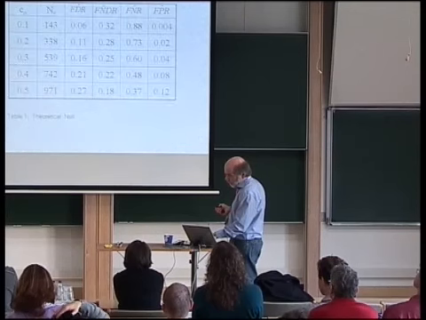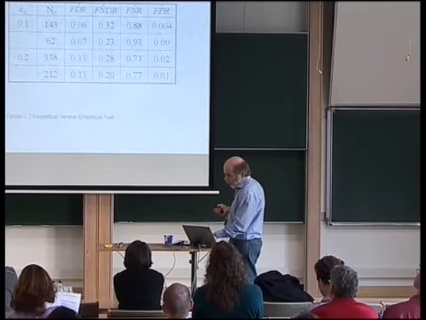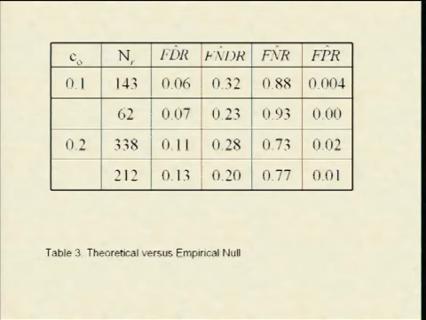But the best way to see it is to look at this table here. When we use a threshold of 10%, 143 genes are declared to be differentially expressed with the theoretical null, but if we use an empirical null, we get 62. The reason why we get fewer genes is that the estimate of pi naught now has gone from 0.65 to 0.7 something.